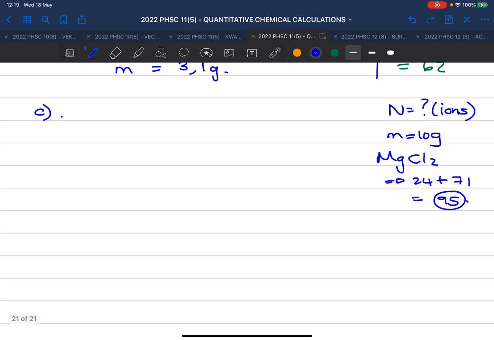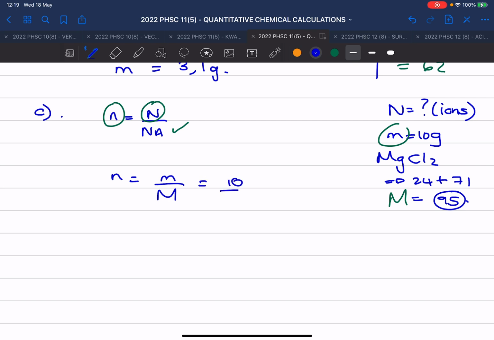Okay, now they ask for the number of ions. That formula you find there, the number of ions over Avogadro's constant. Avogadro's constant will be on your data sheet, so you need the mole. They did not give you the mole, you have the mass and the molar mass. So you must first, with the help of the mass and the molar mass, determine the mole.